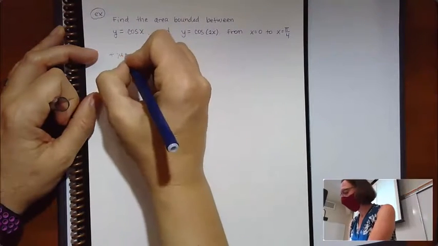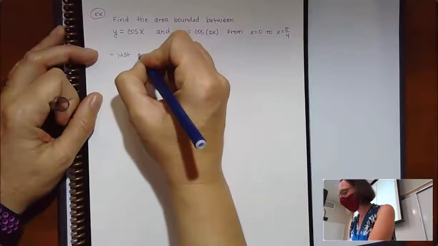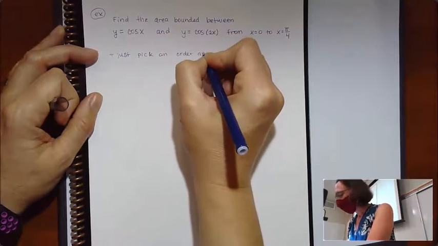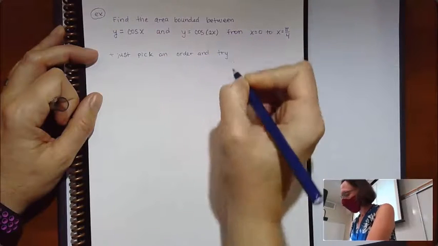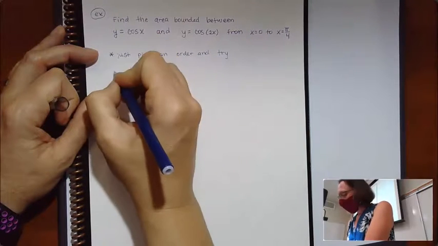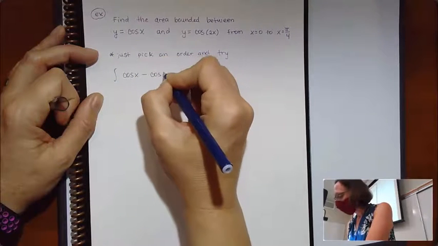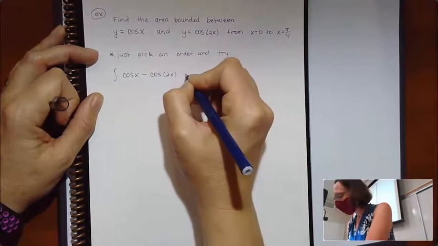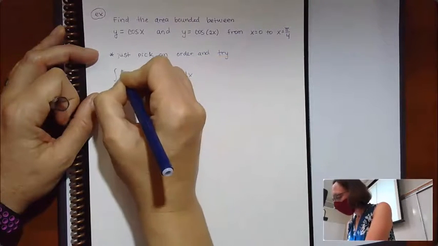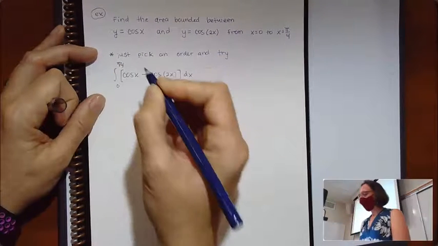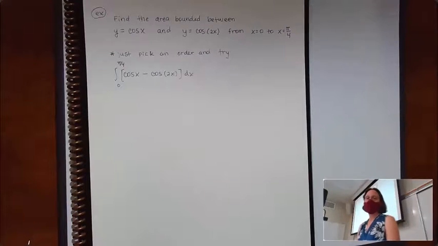Just pick one, just pick an order and go with it. So I'm going to do cosine of x minus cosine of 2x from 0 to pi over 4. And just see what happens.